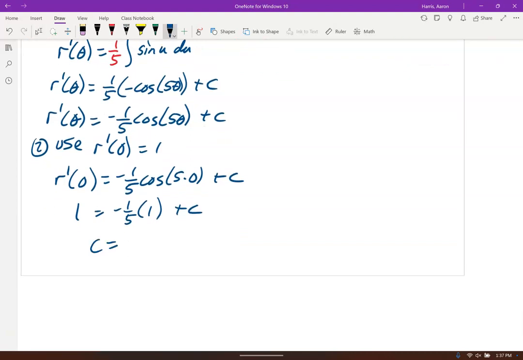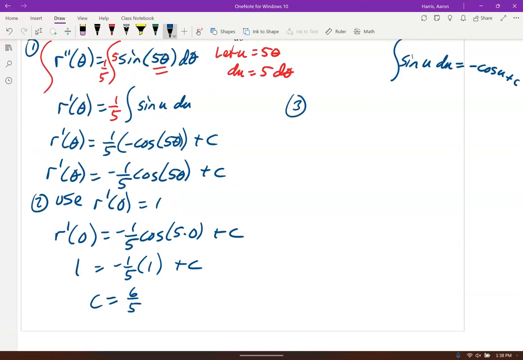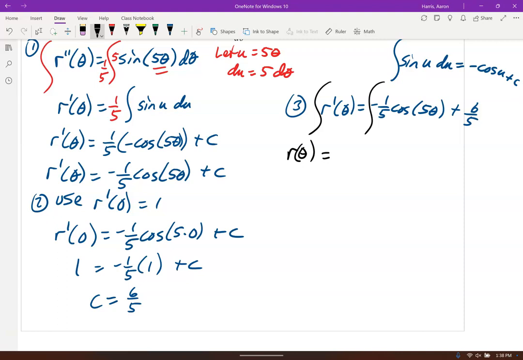It looks like our constant ends up being 6/5. So we know r prime of theta is negative 1/5 cosine 5 theta plus the constant, and our constant is 6/5. And now we're going to integrate that so we can get back to just r of theta.